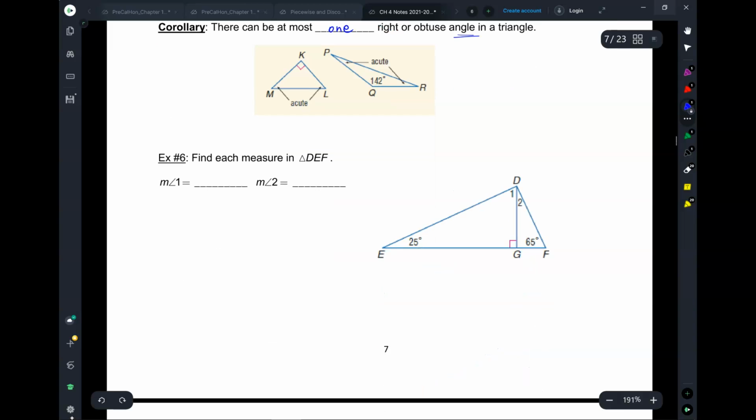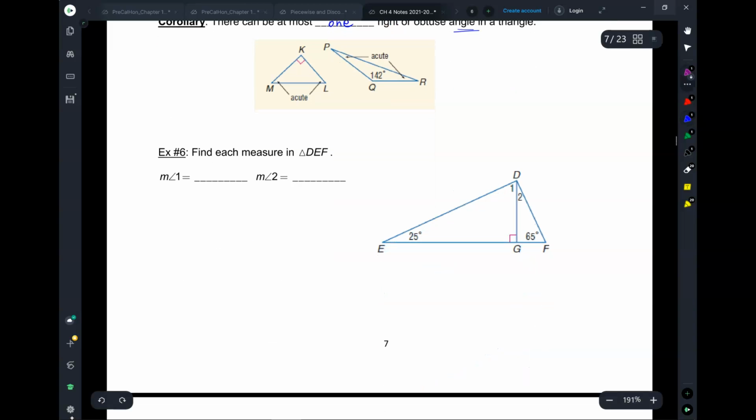All right, so let's find each measure in triangle DEF. Okay, so angle 1, let's get in the habit of not doing 180 minus. Let's just get in the habit of doing 90 minus 25, 65. We just said, remember, that if you have a right triangle, the other two are complementary.